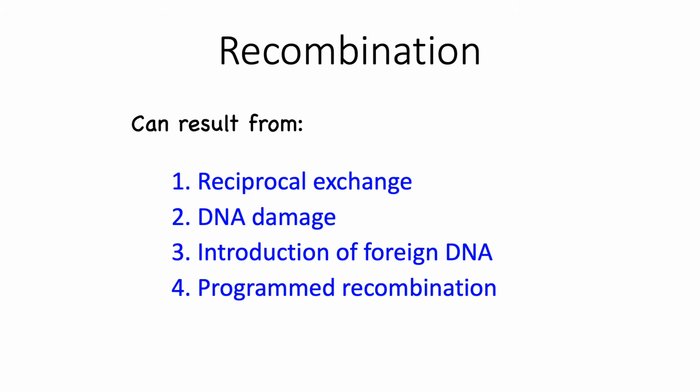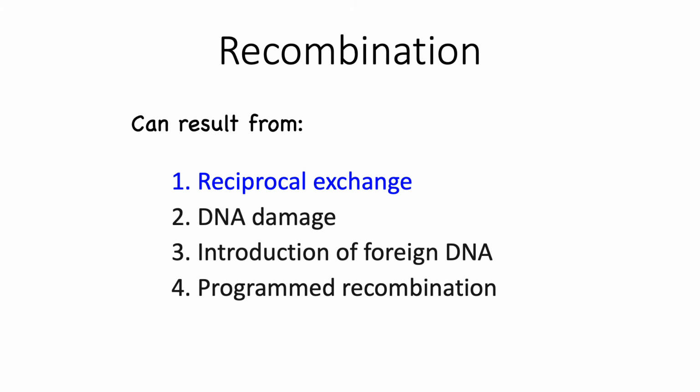We can also see that in some cases during development there is programmed recombination, which results in the generation of new genes, basically, and we'll show you an example of that.